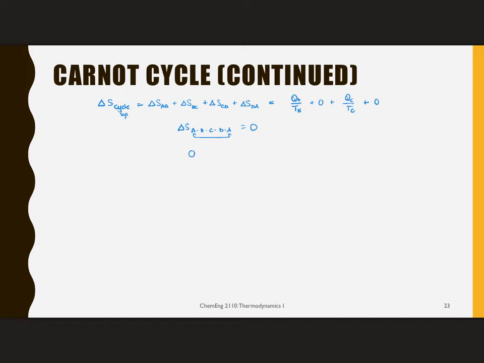That tells me therefore that QH over TH plus QC over TC has to equal 0. And I can rearrange this several different ways, but one way is that QH over QC is equal to negative TH over TC for the Carnot cycle.